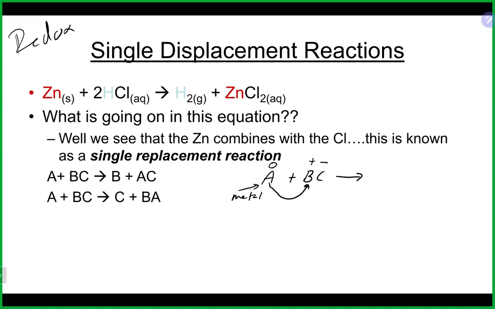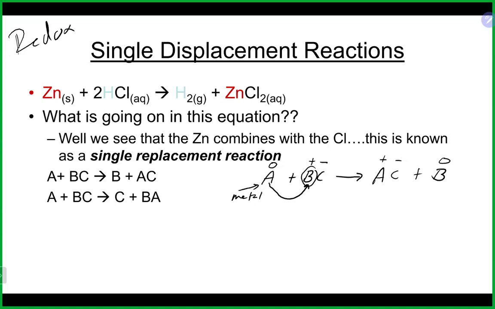So it's going to come in and kick out the guy with the same charge because it will not want to hook up with the guy with the same charge because that's two positive things and they're not going to want to be together, right? So it's going to kick out the positive guy there and it's going to make a brand new ionic compound where the metal will now have a charge and hook up with that negative guy. And the guy it kicks out will actually just pop off in this kind of natural form by itself, uncombined.